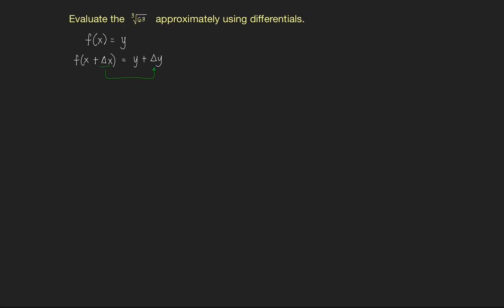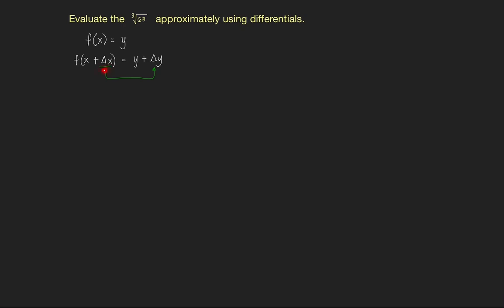But if this delta x is very, very small, that would give us dx. There is a corresponding change in y, which is dy. It's not delta y anymore. And remember that delta y is not equal to dy.